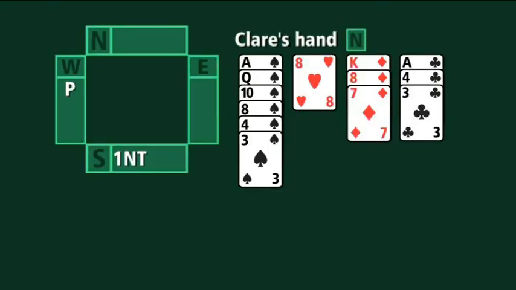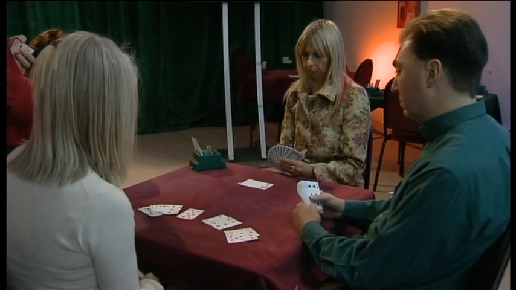Now then, let's have a look. What we notice here is that Claire has 6 cards in spades. And because her partner must have at least 2 cards in all the suits, being balanced, Claire knows that the partnership have at least 8 spades together, which means that they have a fit.